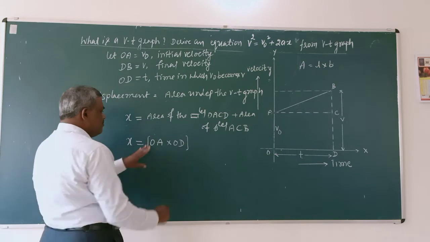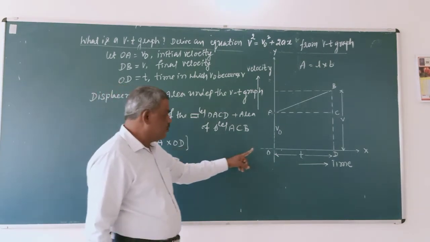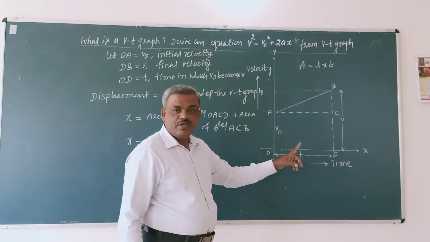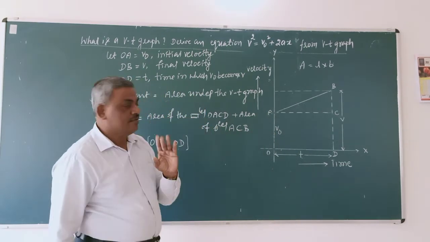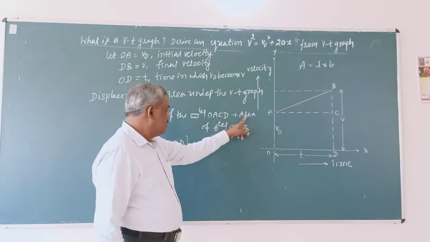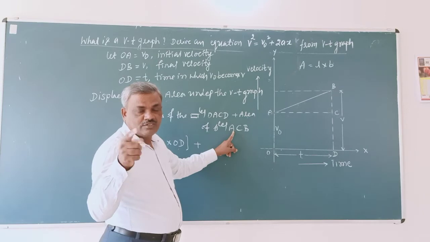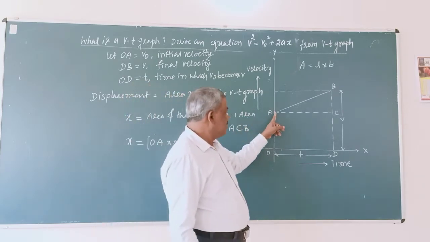So the first term, area of the rectangle, length into breadth. OA is the length, OD is the breadth. Plus the second term, area of the triangle.